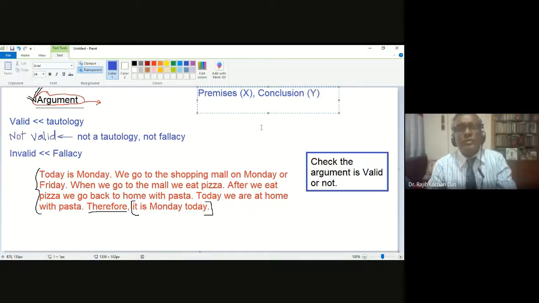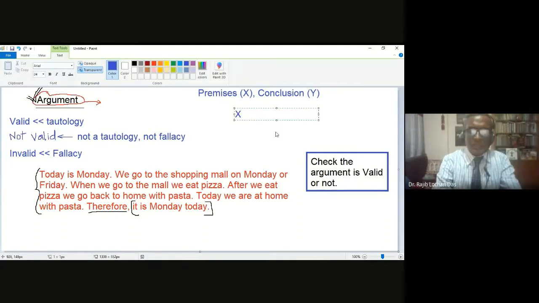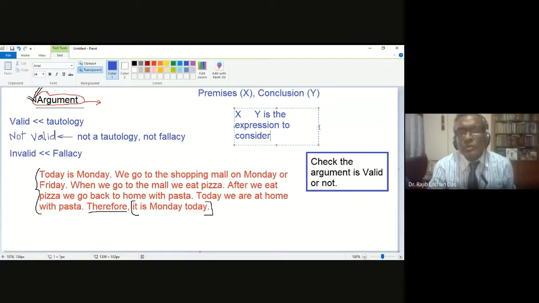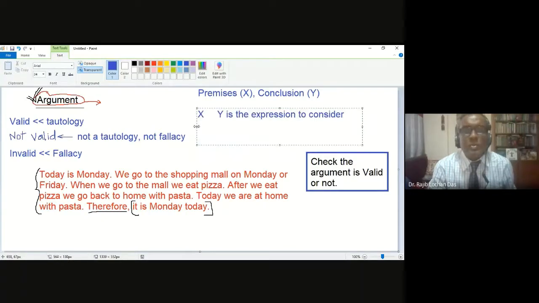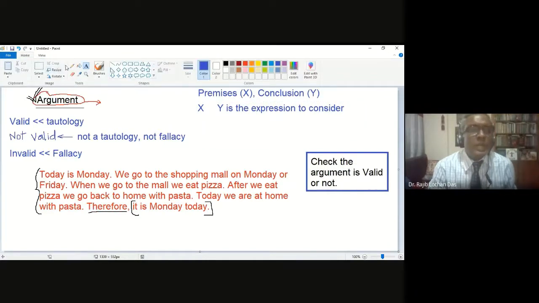So if you think about x biconditional y, that is the expression to consider. X biconditional y will be our logical expression.